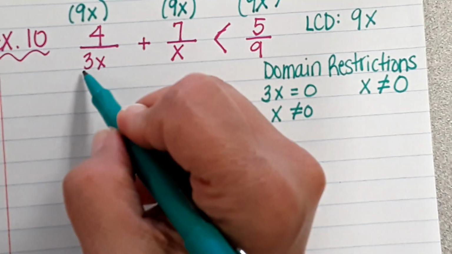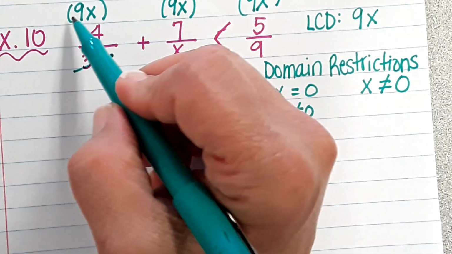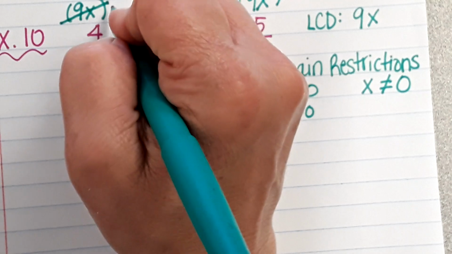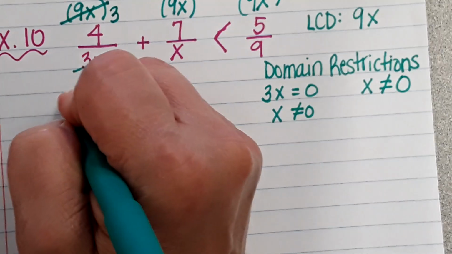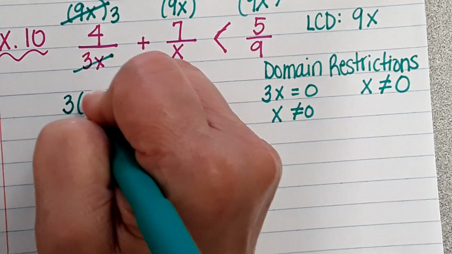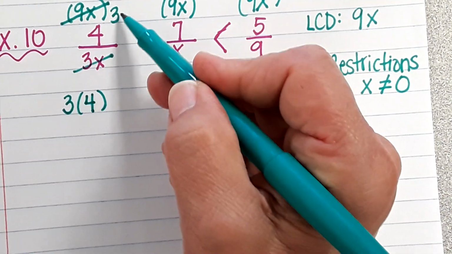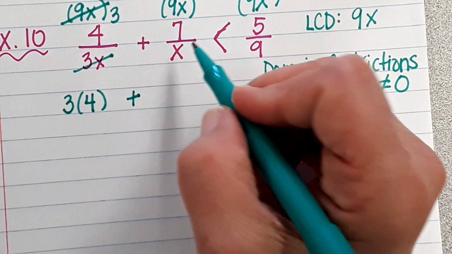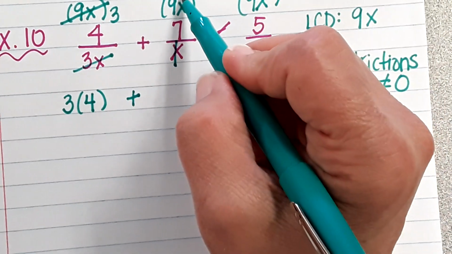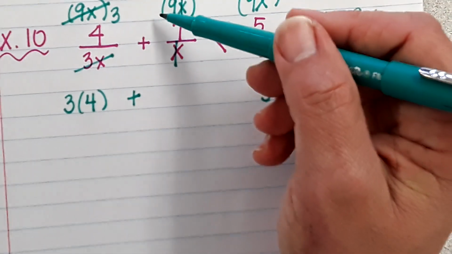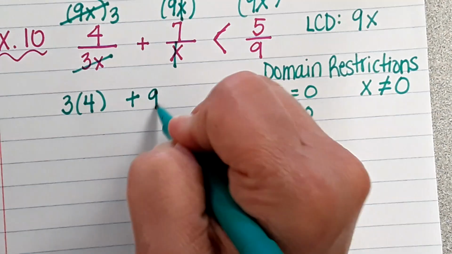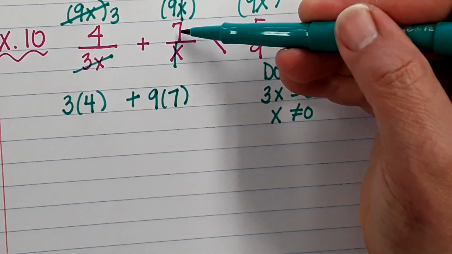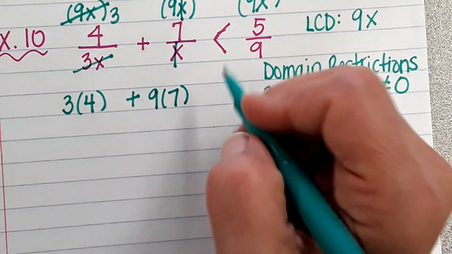Okay. 3x goes into 9x how many times? 3. And I have left over 3 times 4, because of this 3 and then that 4. x goes into 9x how many times? 9, right? So we have 9 times 7. I got the 9 from the LCD and the 7 from the second term.